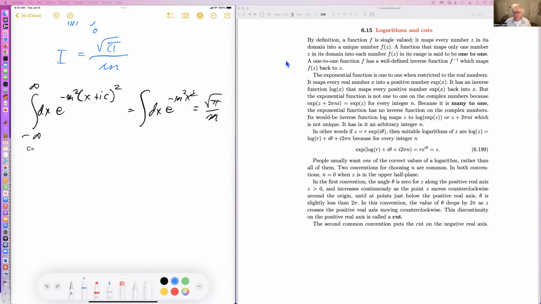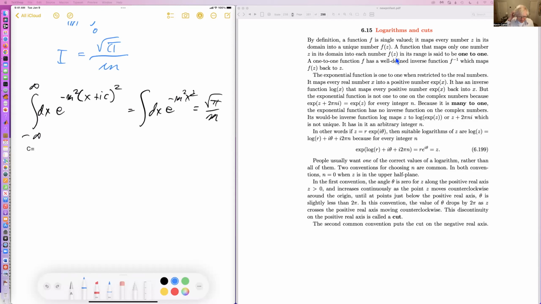Okay, back. So basically, functions are single valued, and they map every number into a unique number, assuming that f is defined for z. And on the other hand, a one-to-one function is a function that maps only one z into each image point f of z.